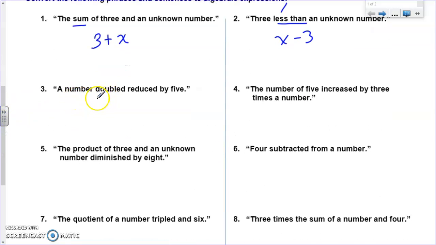A number doubled. Okay, doubled again is 2 times, so that's going to be 2x reduced by 5. The number of 5 increased, that means addition, 3 times a number.